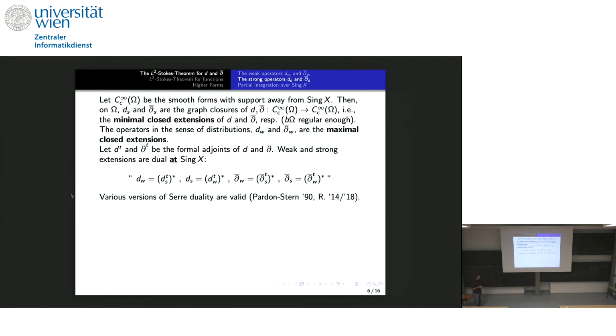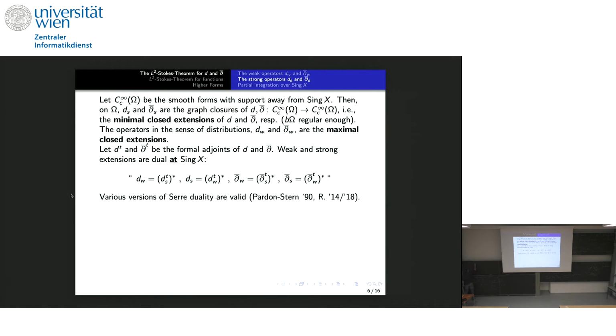The interesting thing about the weak and the strong operators is that they are dual in an L2 sense. If you take the formal adjoint operator, maybe I just do it for d-bar, and for the d operator it's analogous, I have a different letter for the formal adjoint operator.